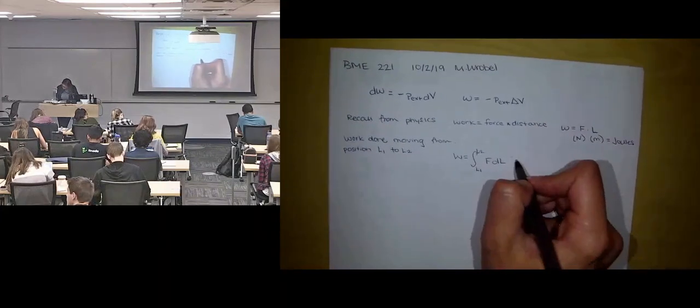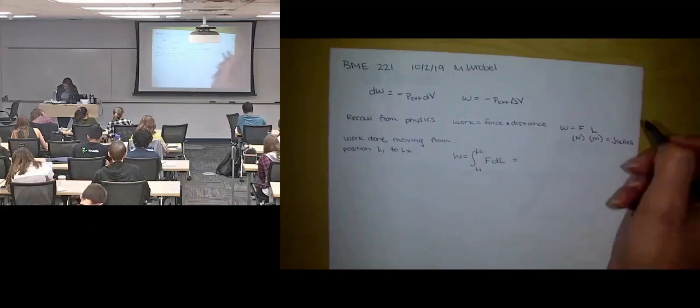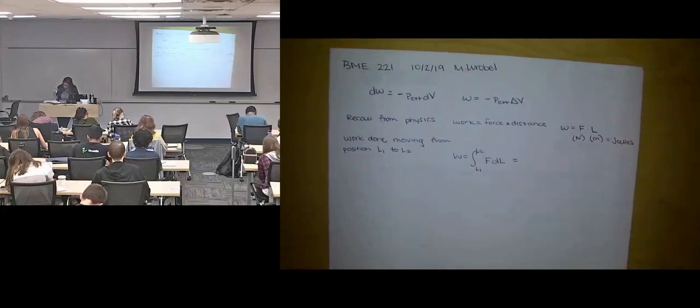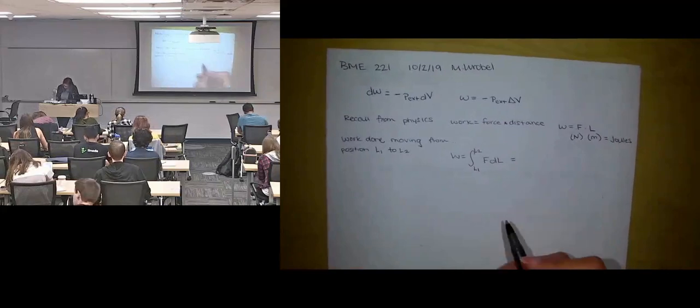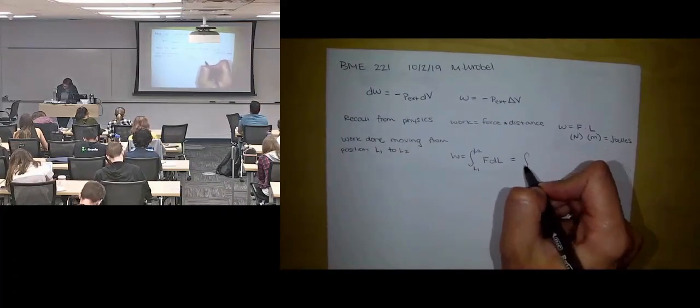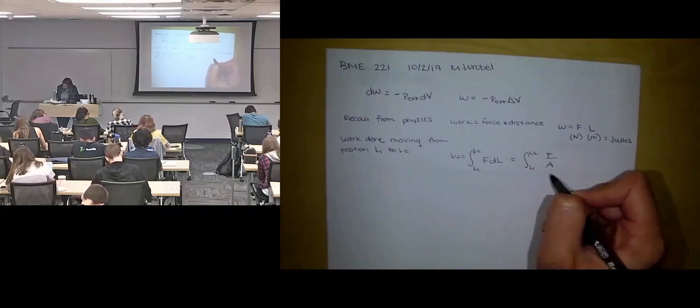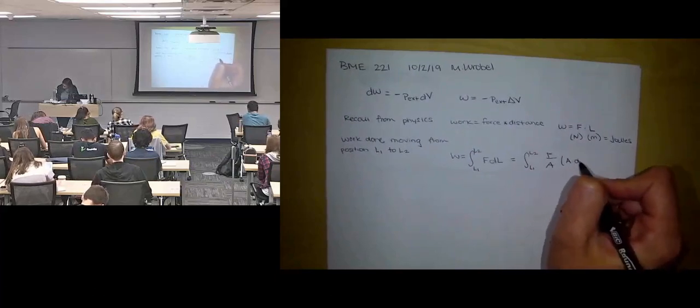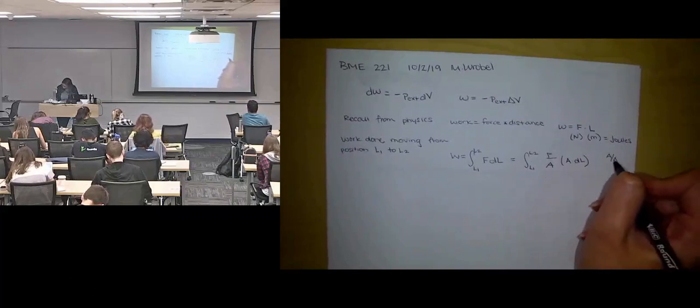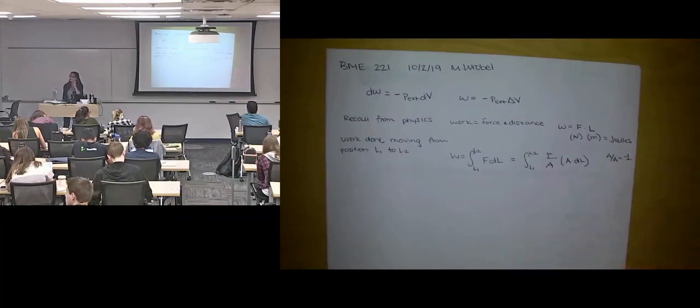And since we're interested in volume, we can multiply this through by what is essentially 1. We're going to multiply through by area over area. Integrate L1 to L2, we have force over area times A dl. This is simply because A over A is equal to 1. It's like multiplying by 1.